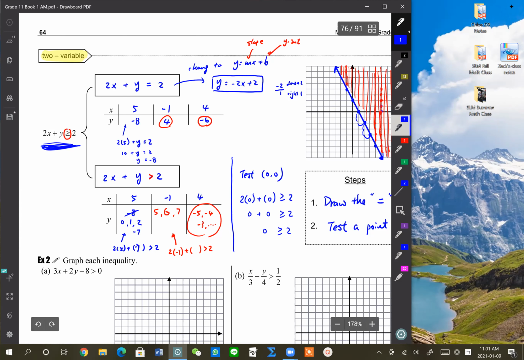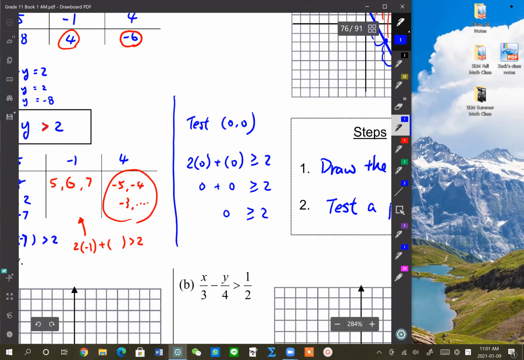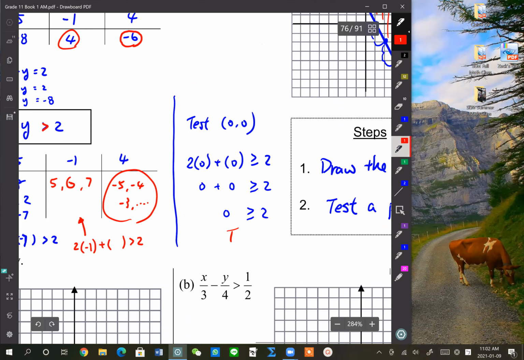So 0 is not greater than 2. Over here it says 0 is greater or equal to 2. So this one is false. Let's write that down, false. Not true, 0 is not greater or equal to 2.